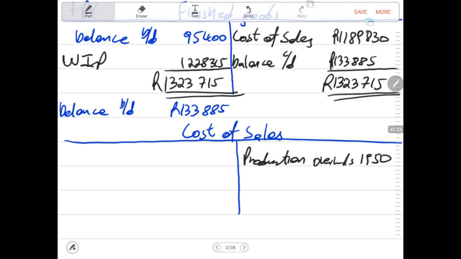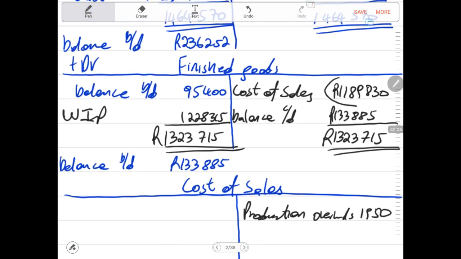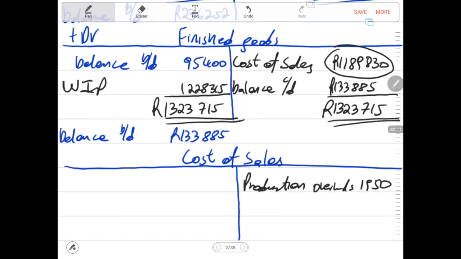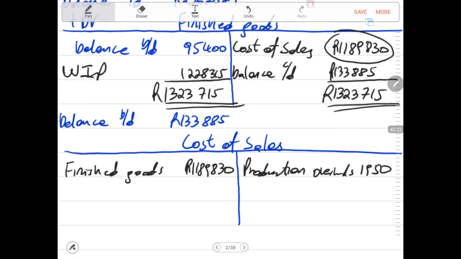Then we know that there are goods that were finished, and the goods that were finished were also sold, and the goods that were sold were 1,189,830. That is from the finished goods. So that will be the cost of goods sold.